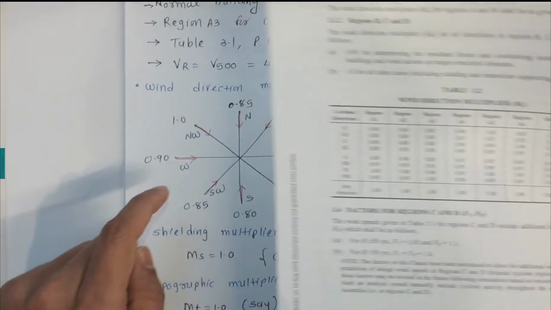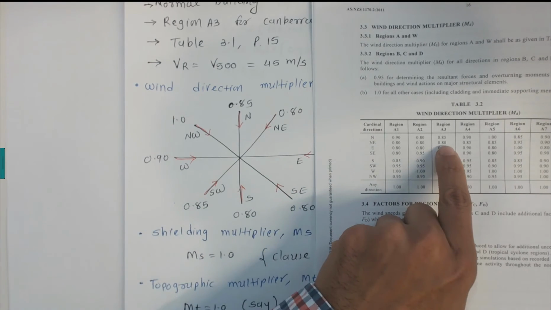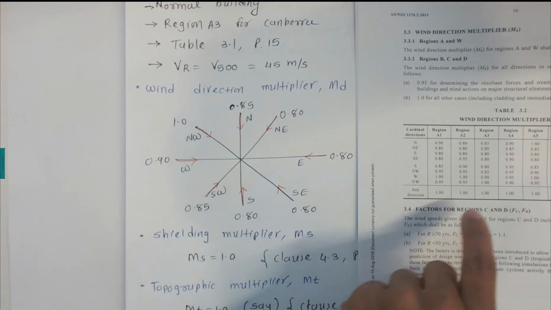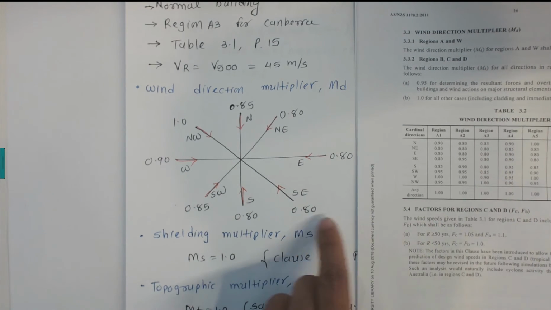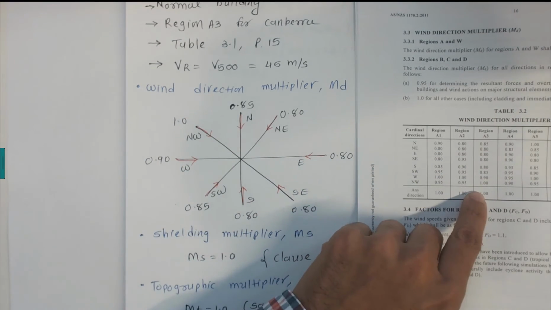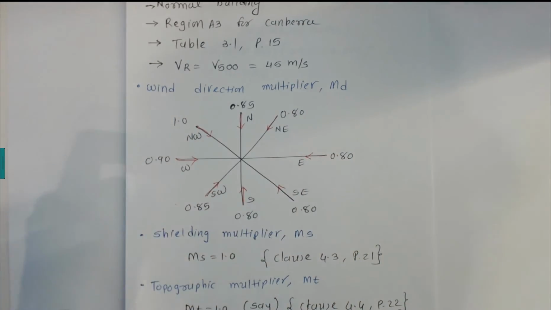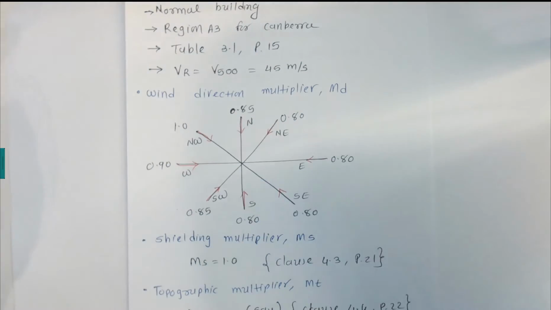For region A3 we have 0.85 for north, northeast 0.8, east 0.8, and we copy all these 8 values respectively for region A3 for the 8 different directions. That is given in table 3.2 on page number 16.